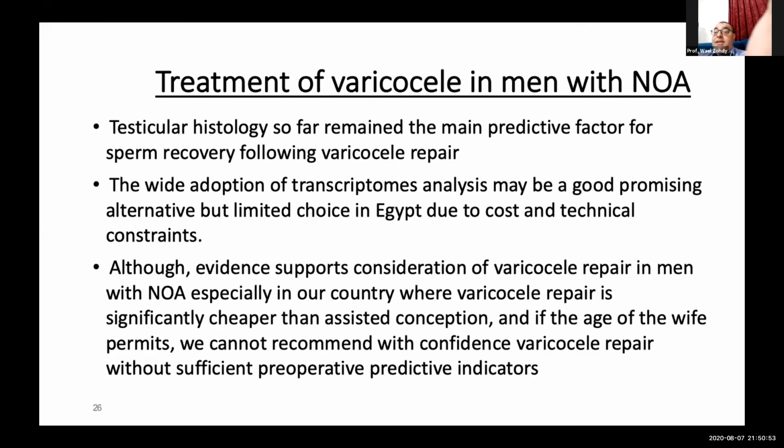Although the evidence supports consideration of varicocele repair in men with non-obstructive azoospermia, the discussion with the patient should be the main goal. So again, as Dr. Arafa said, we don't recommend varicocele repair in men with a wife that's above 39 or 40 years old. So it doesn't make sense. So it should be case dependent. Next.